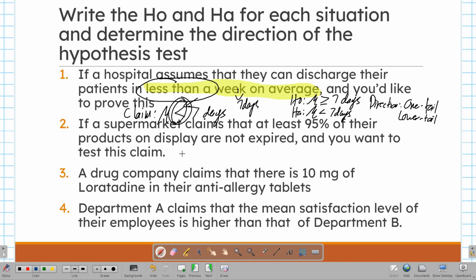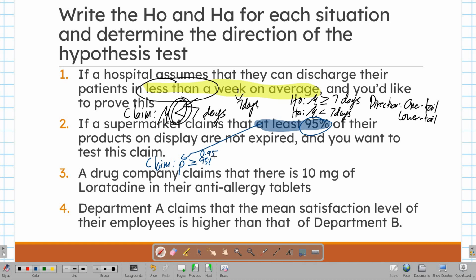Alright, so let's see. It's easy to see the claim in number 2. The supermarket claims that at least 95% of their products on display are not expired. If you remember from algebra, at least would mean greater than or equal to. So their claim is about a proportion because that's a percent. The proportion is greater than or equal to 95% or 0.95.